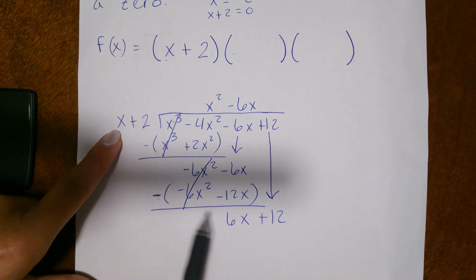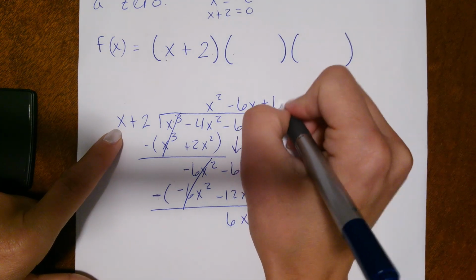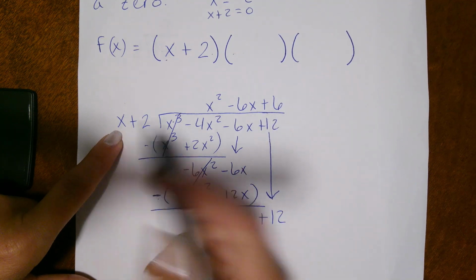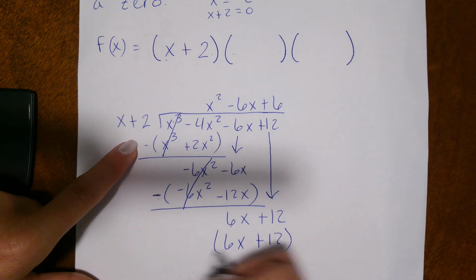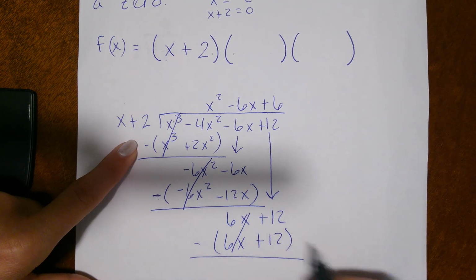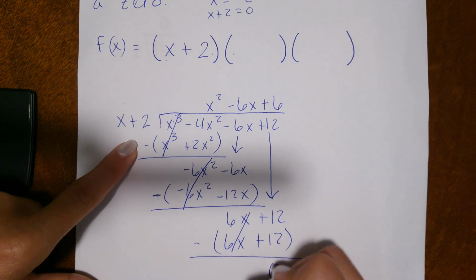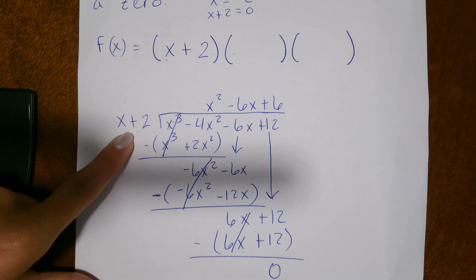And last time, I need to multiply 6 times x to get 6x. So I have a plus 6 here. So 6 times x is 6x. 6 times 2 is 12. And subtract. 6x minus 6x cancels, 12 minus 12 cancels, leaving me with 0. You should end up with 0 since we know that x plus 2 is a factor.